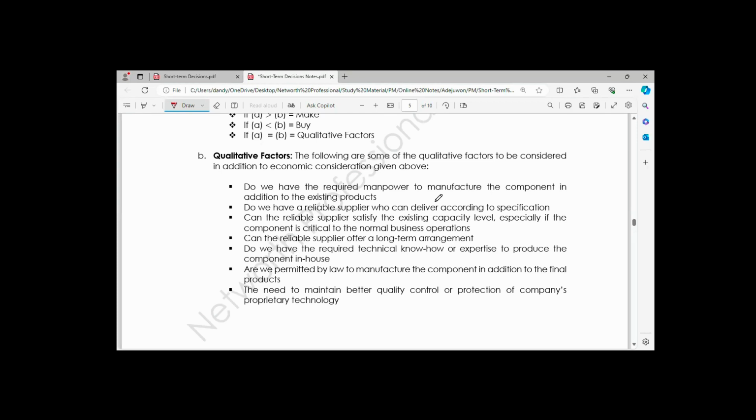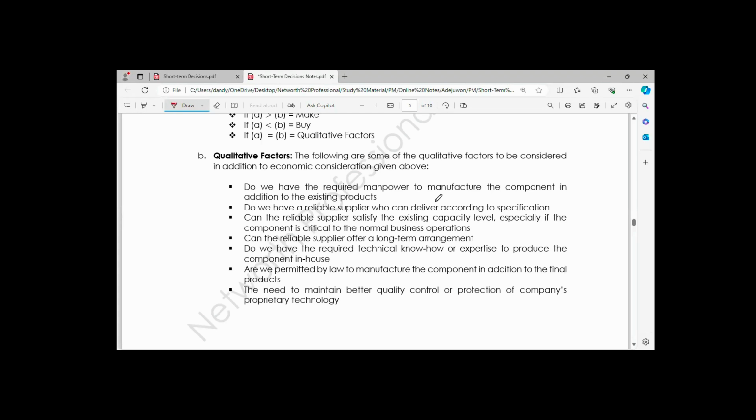Also, the company will need to consider the need to maintain better quality control of the product or components, so that if you want to ensure that your customers get the best, it's important for you to manufacture the components internally yourself in order to guarantee the quality level of the product.